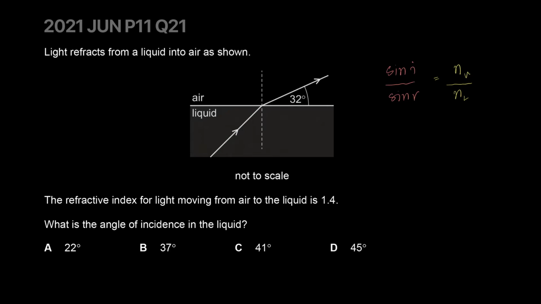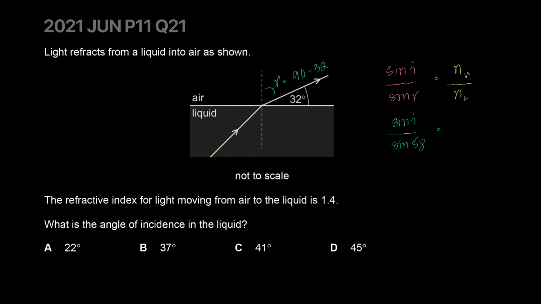So actually, yeah, it's vacuum, incident. I think we're okay. Sine I is what I want to find out, so I'll leave it as it is: sine of I divided by sine of R. R is actually this angle, which is equal to 90 minus 32. 90 minus 30 is 60, so that makes it 58 degrees.